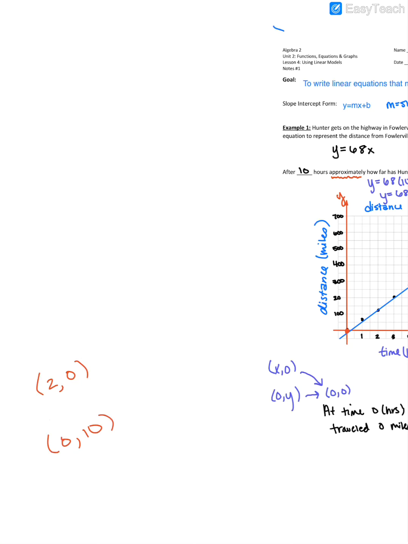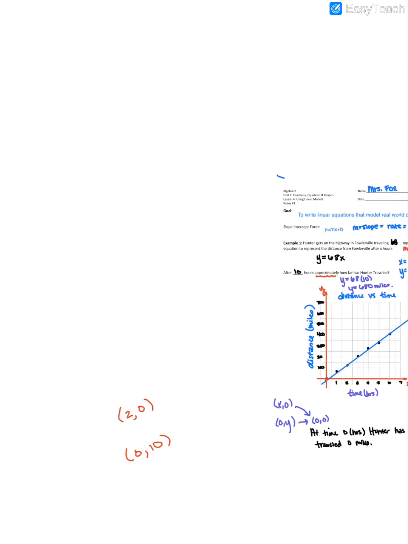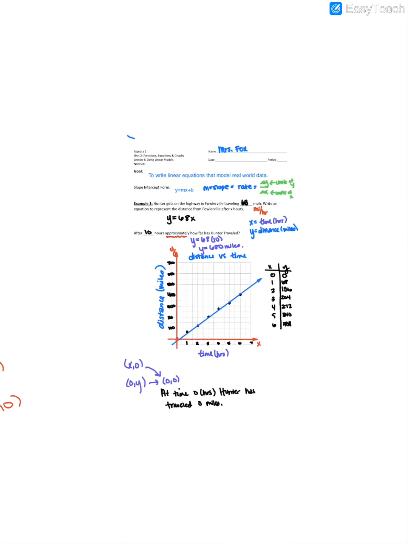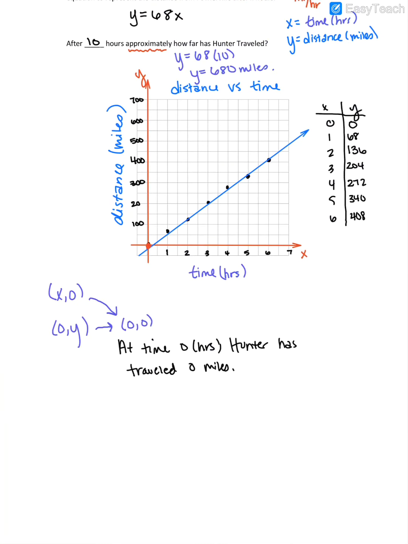Okay, so if X is still representing time and Y is still representing distance, it would say at 2 hours, Hunter traveled 0 miles. Down here it would say at time 0, Hunter is 10 miles away from Fowlerville. So that's how you would interpret something like this if there was a difference between the x-intercept and the y-intercept. But in our case, we only had the one intercept because they were the exact same.